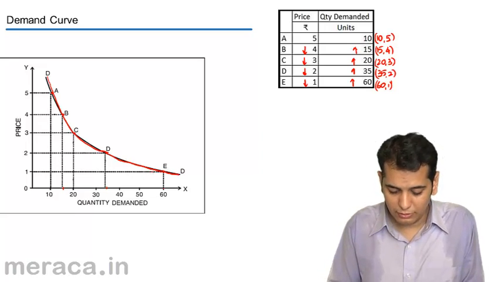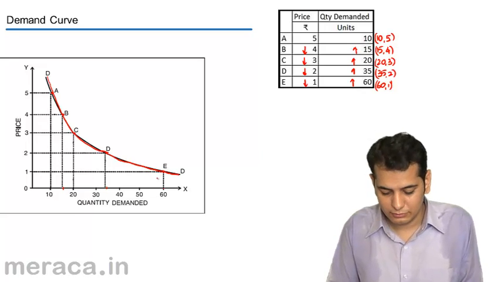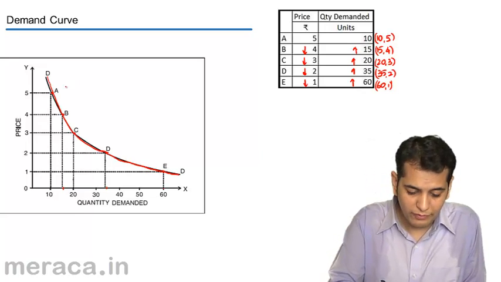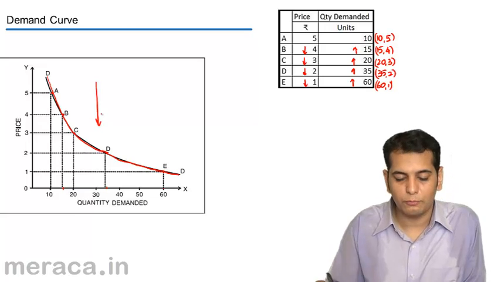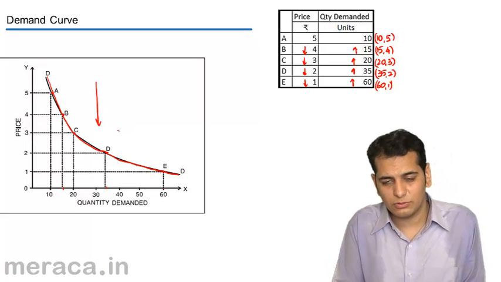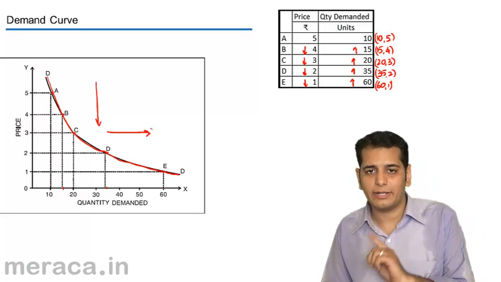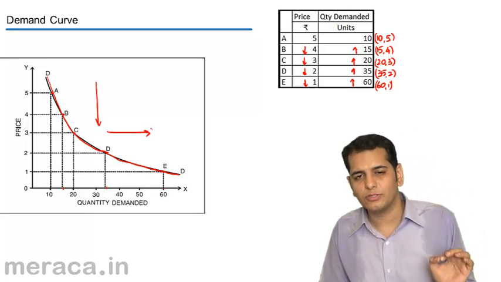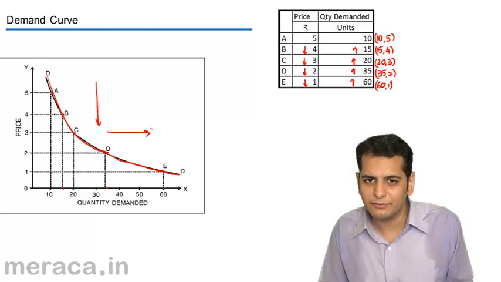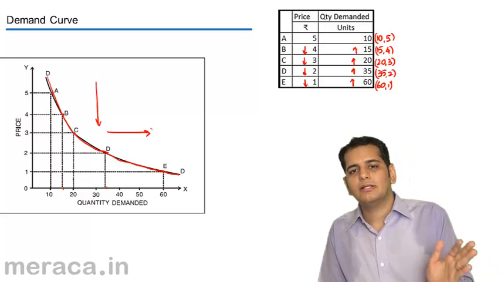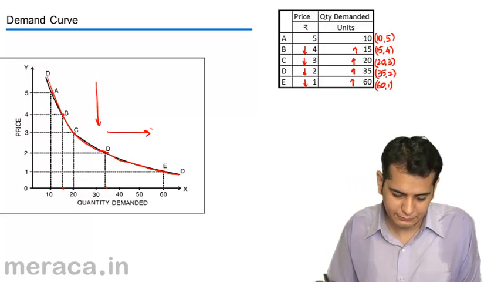Now this demand curve, if you notice carefully, is always downward sloping. Not just downward sloping, it slopes downwards from left to right. That is, it has a negative slope.